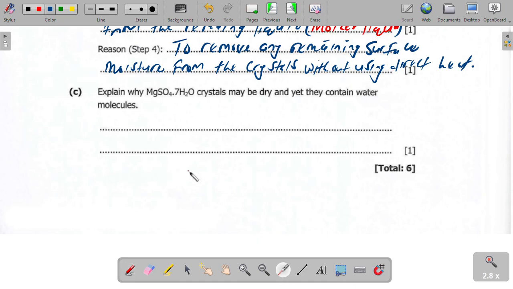Question C, explain why magnesium sulfate heptahydrate crystals may be dry and yet they contain water molecules. Okay, it's important to understand this.